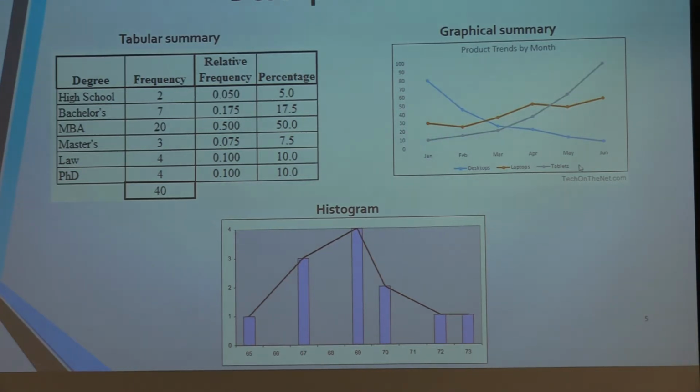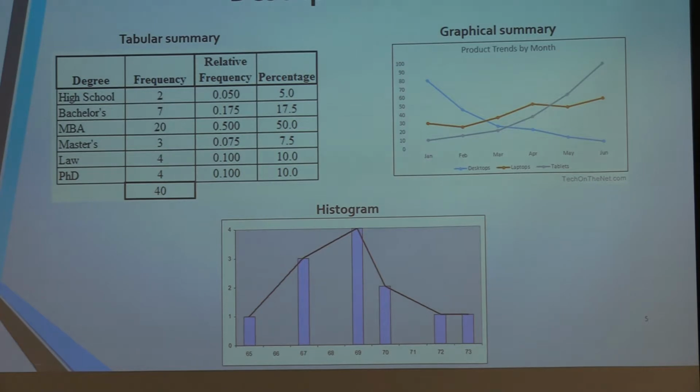Observing this graph, what information can you get? You can see that for both tablets and laptops, the sales are generally getting better and better, right? It's rising. For desktops, it's dropping, right?